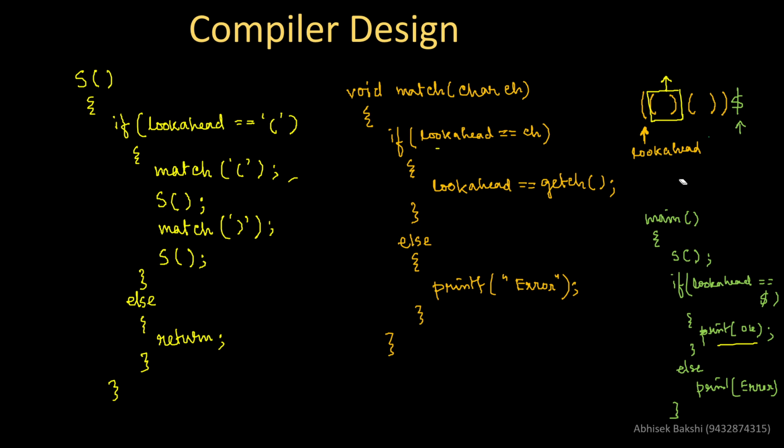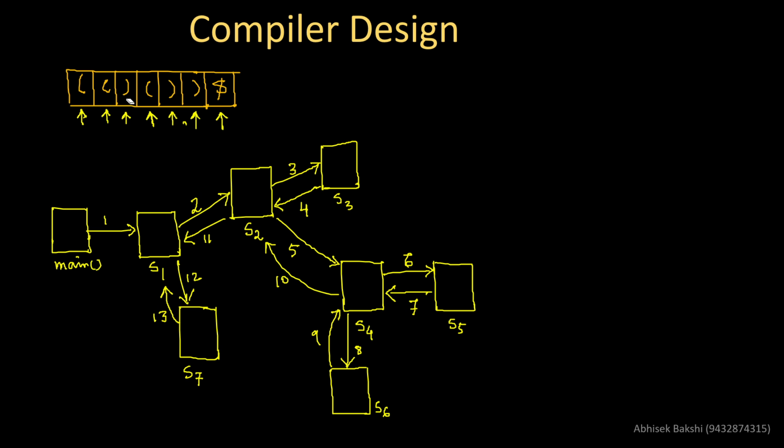But we have discussed what will happen in case of a correct string. Now let's draw a situation where I have a wrong string, for example, let's take a very small wrong string like this: opening brace and closing brace.